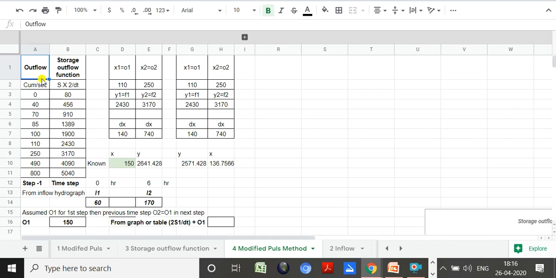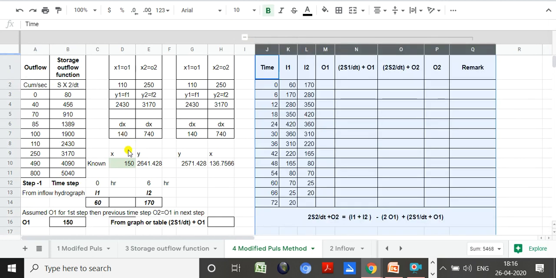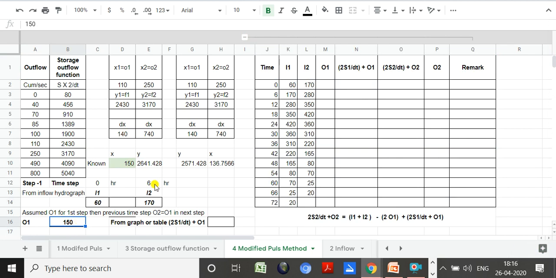Now in our table, my outflow value 150 is in between 110 and 250. For 110 the value is 2430, for 250 it is 3170.